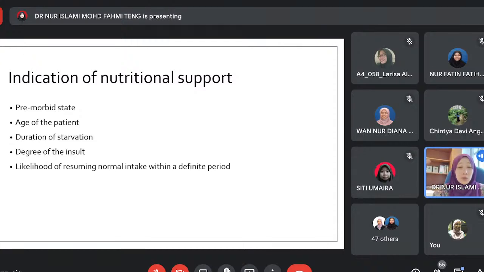And then the duration of starvation, dah berapa lama dia malnourished tu, and then the degree of the insult, and then likelihood of resuming normal intake within a definite period. So these are the indications that this patient might need nutritional support. Okay.